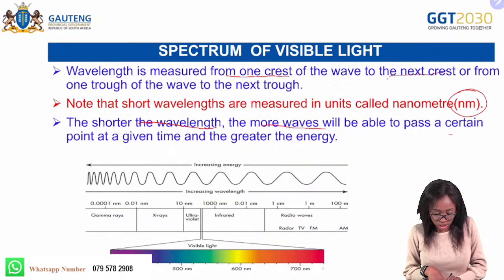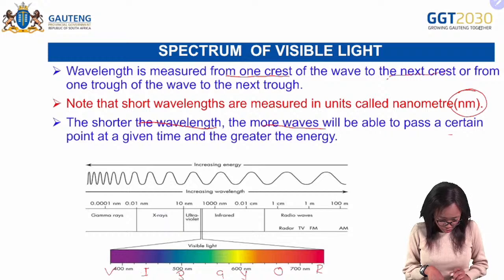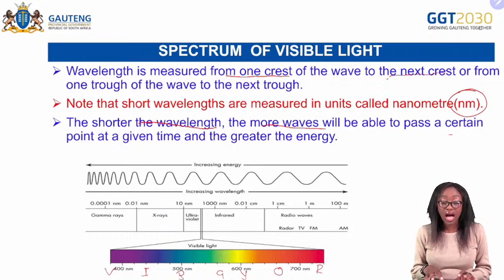There we go, there's our spectrum of visible light. We've got our colors: red, orange, yellow, green, blue, indigo, and violet.